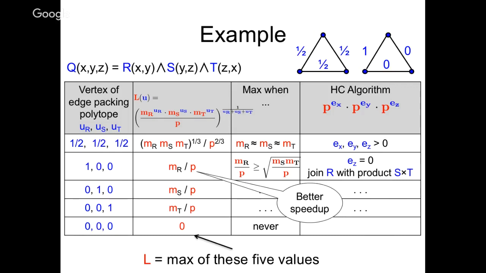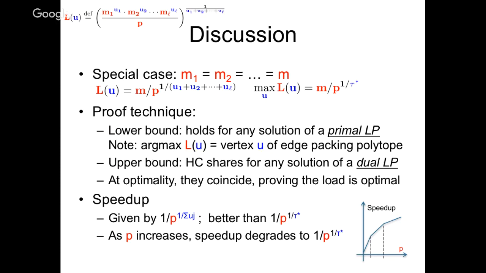Okay, notice that such an algorithm takes advantage of the fact that some relations are much smaller than the others, and it can improve the speed up from P to the 2/3. It can improve the speed up to just P. It's also interesting to notice, I only want to point you to this graph. I'm going to make the slides available online.